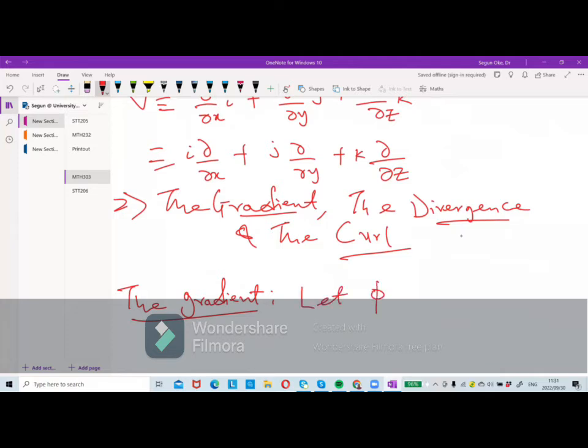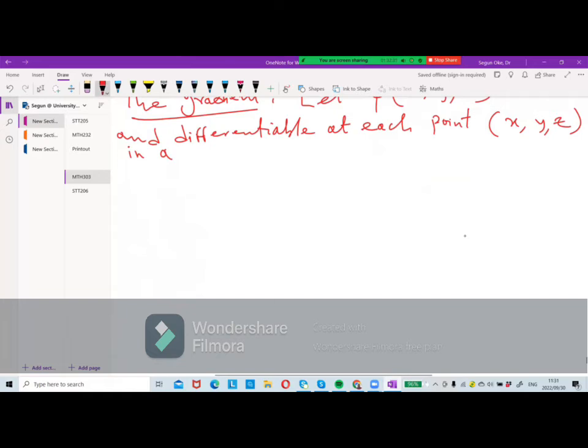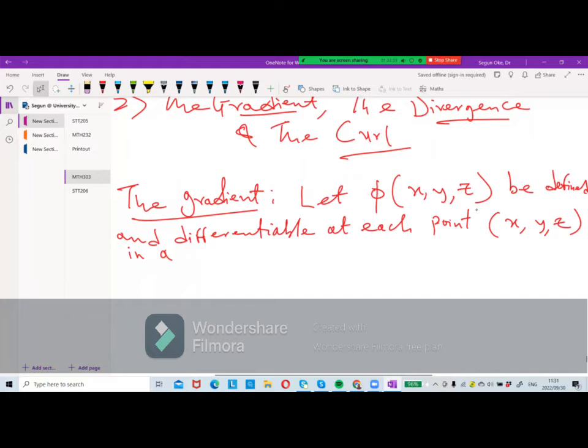Let phi equal phi of x, y, z be defined and differentiable at each point x, y, z in a certain region of space.